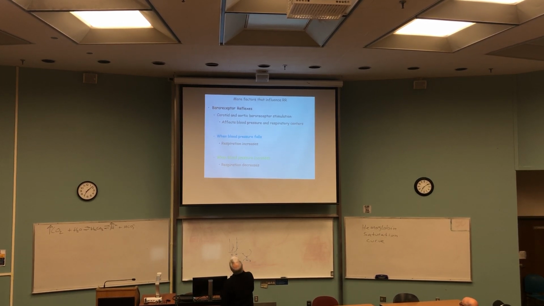And here's a simple little rule. When blood pressure falls, respiration rates increase. That's just the rule. So what's going to happen if blood pressure rises? Respiration decreases. Yeah, it's just the opposite. Learn one, understand the other. That's a simple little thing to memorize.